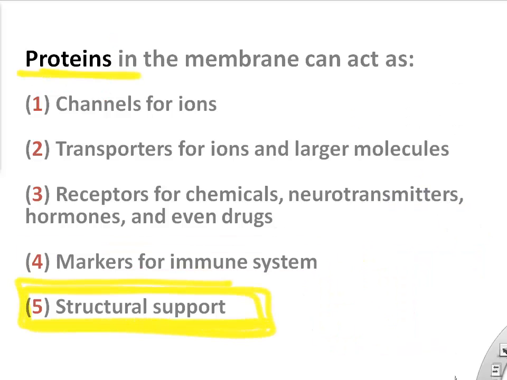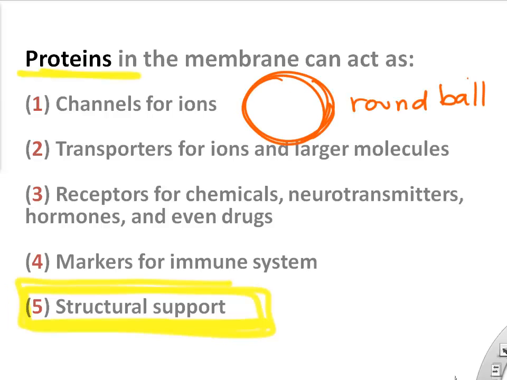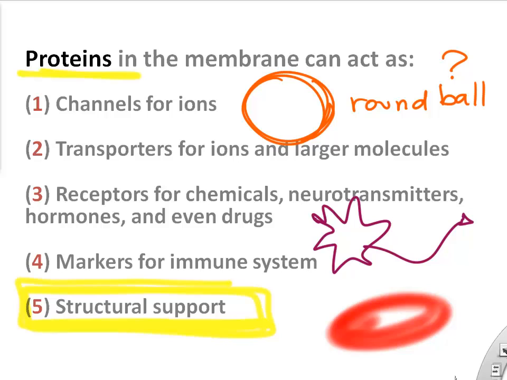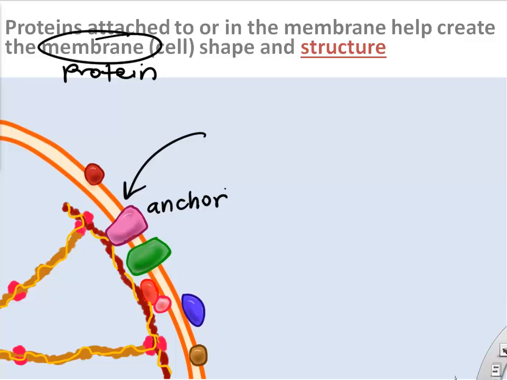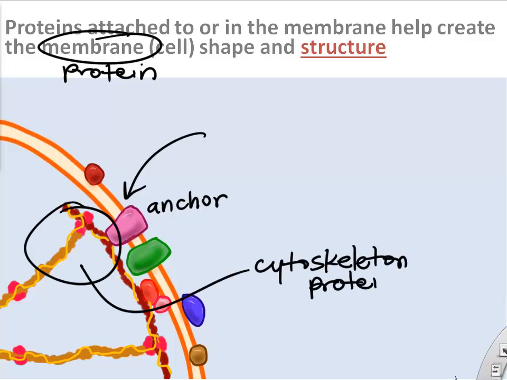The final category of proteins in the membrane and connected to the membrane I wanted to talk about are structural support proteins. Our cells are not typically round little balls, but instead fancy shapes like erythrocytes, which are discs, and neurons, which are very complex. One of the ways you make the shape of your cell complex is you use anchoring proteins in the membrane, and you anchor them to cytoskeleton proteins, which we'll learn more about.